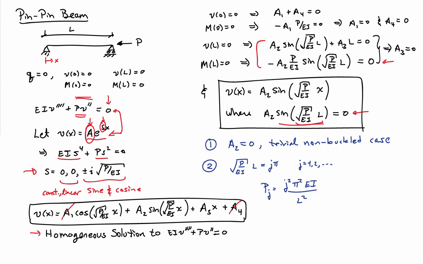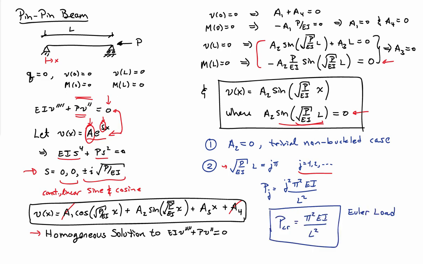Okay, so I end up with a sequence of discrete values of P where I can have non-trivial motion of the system. Just solving this relationship for P, I get P equal to j squared pi squared EI over L squared, where j is the integer index on the multiple of pi. The critical value of the system is going to occur at the minimum of this sequence of values of P, and so that's going to be for j equals 1.